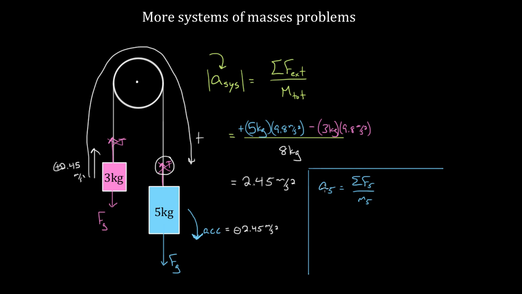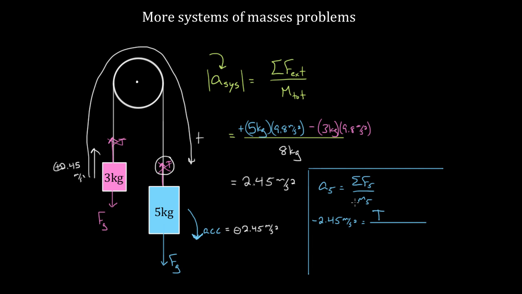I know the acceleration of the 5 kilogram mass, but if I'm going to treat up as positive now, I've got to plug this acceleration in with a negative sign. So negative 2.45 meters per second squared is going to equal the net force on the 5 kilogram mass. I've got tension up, and you might be like, wait, we said that was an internal force. It was an internal force, and we didn't include it up here, but we're doing the old rules now.